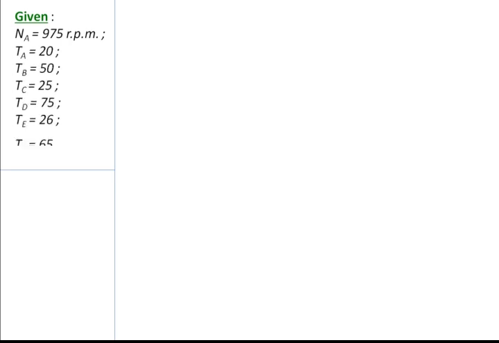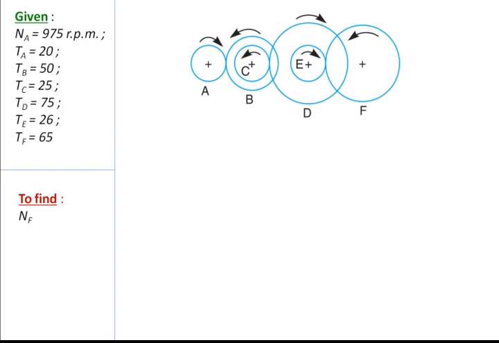So let us write the given data. We have speed of gear A 975 rpm, then number of teeth on different gears as per the table given with the problem, and then we need to find speed of gear F.